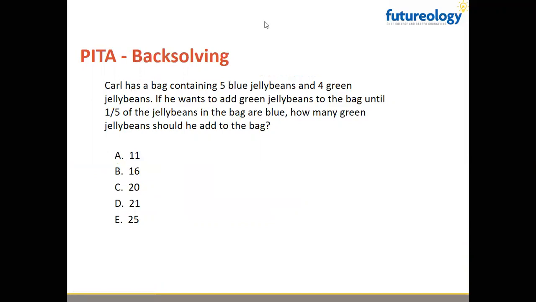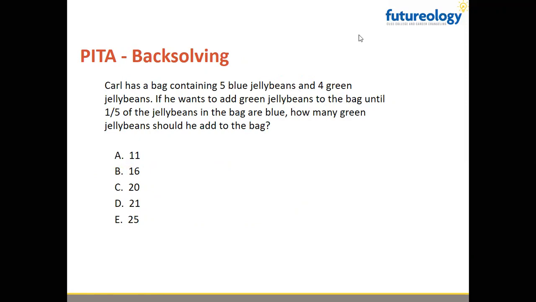Let's find the stipulation here. First, we need to recognize it's a back solving. Why? Because it asks how many green jelly beans should he add to the bag. It's very specific. So Carl has a bag. Once you recognize it's a back solve, we go right to the problem.